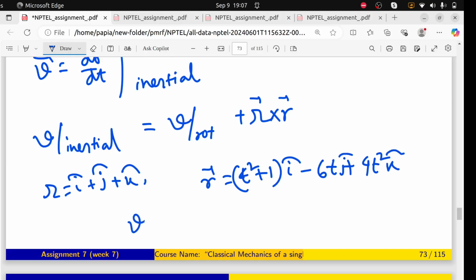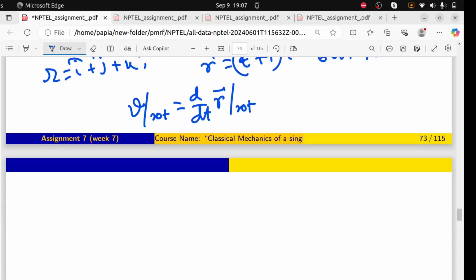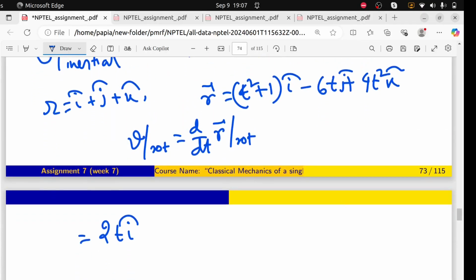So first we are going to write this. So this is simply d/dt of r vector as rotational. So this will give me 2t i cap, minus 6 j cap, plus 8t k cap. Okay.